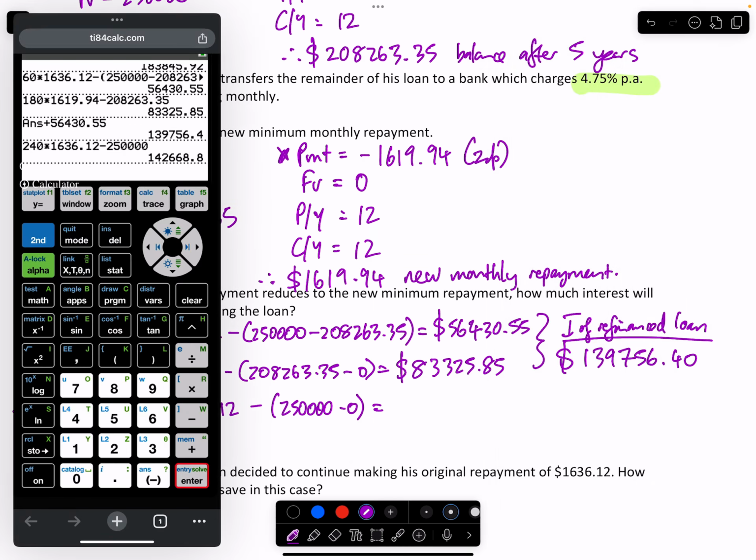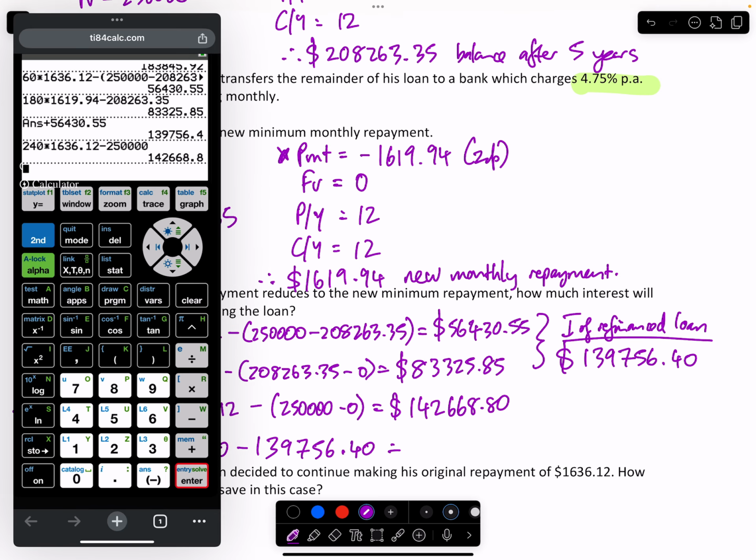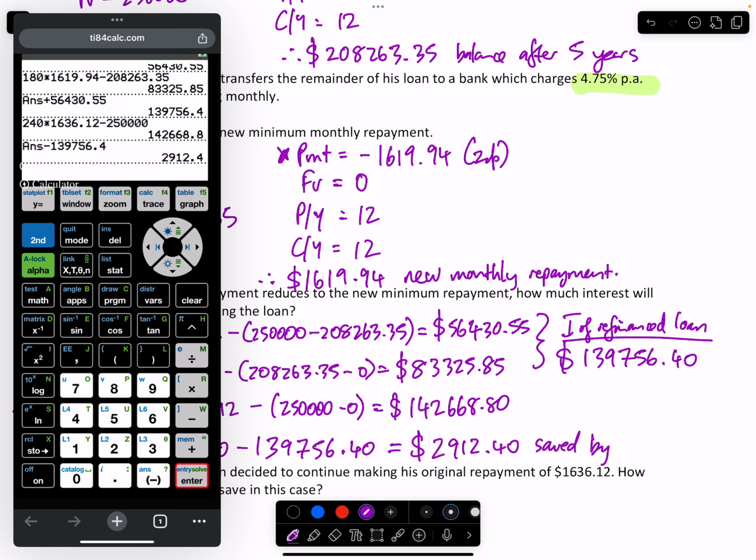If he just did the loan as normal, it would have cost him $142,668.80 interest. So interest saved is going to be the default, what he should have paid if he didn't do anything, minus the interest he paid by refinancing. I've already got that number there, so take away 139,756.4. $2,912.40 saved by refinancing.